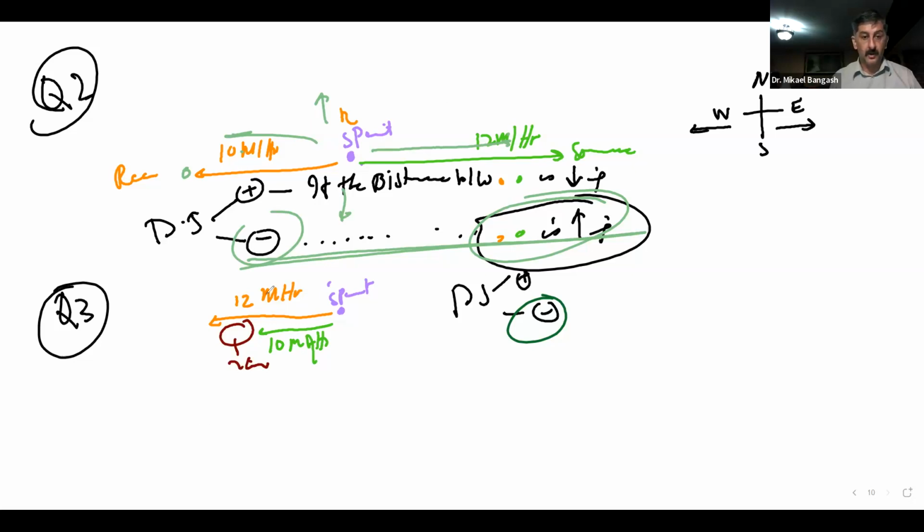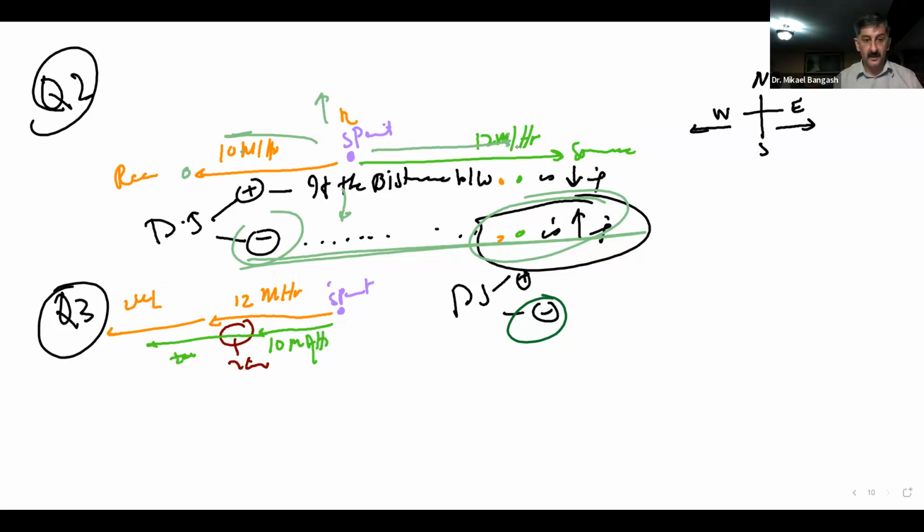After 2 hours, this fellow may have traveled a total distance of 24 miles, whereas this fellow, traveling at 10 miles per hour, has traveled 20 miles.